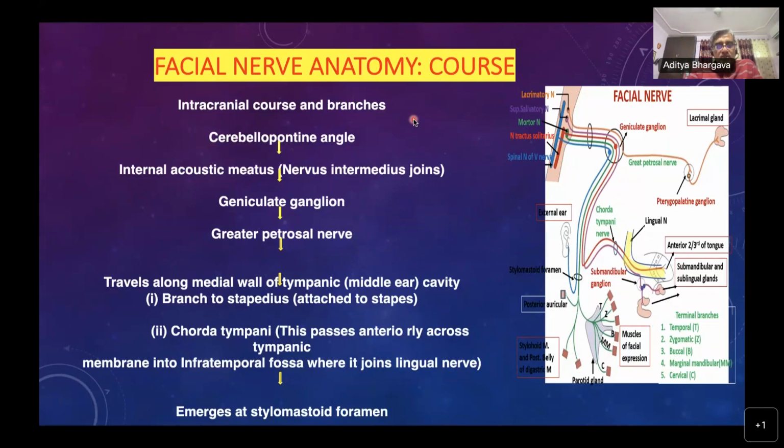Then it travels along the medial wall of the tympanic middle ear cavity and gives a branch to the stapedius muscle, and the chorda tympani branch. This passes anteriorly across the tympanic membrane, where you can find, while raising the tympanomeatal flap in middle ear surgeries, a band-like structure.